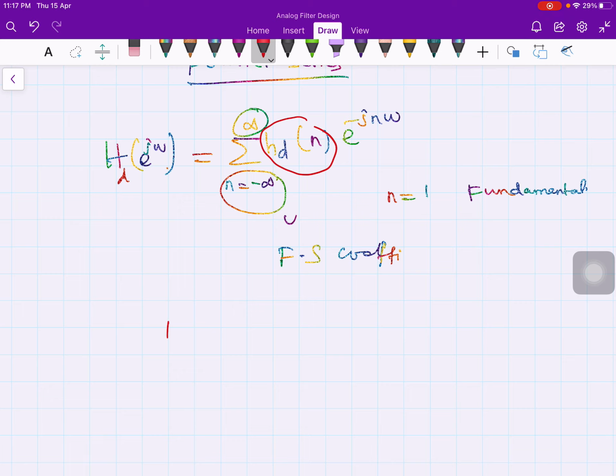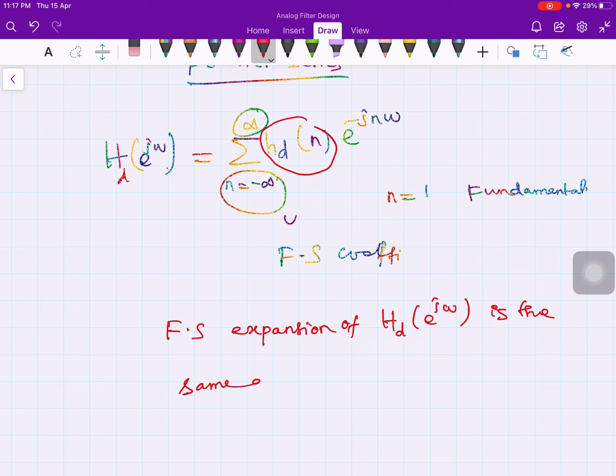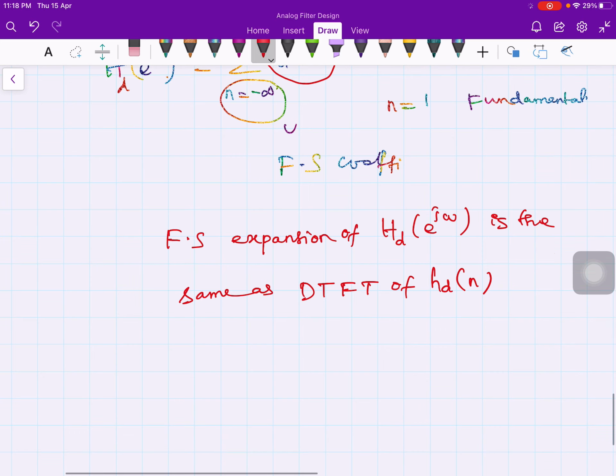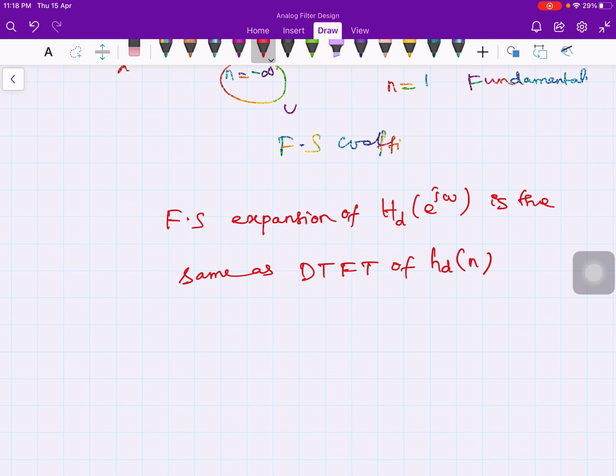Therefore the Fourier series expansion of Hd of e to the j omega is the same as the discrete time Fourier transform of hd of n. And therefore, what is hd of n? hd of n is the impulse response sequence.